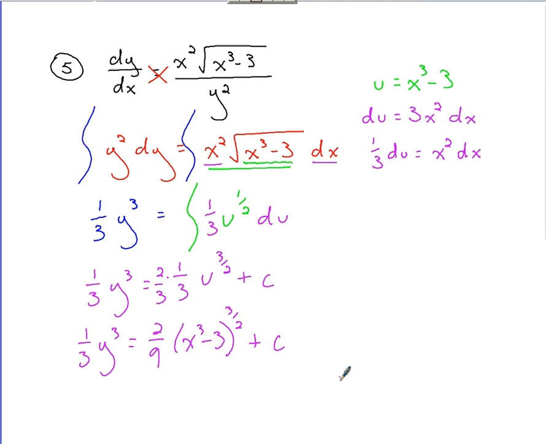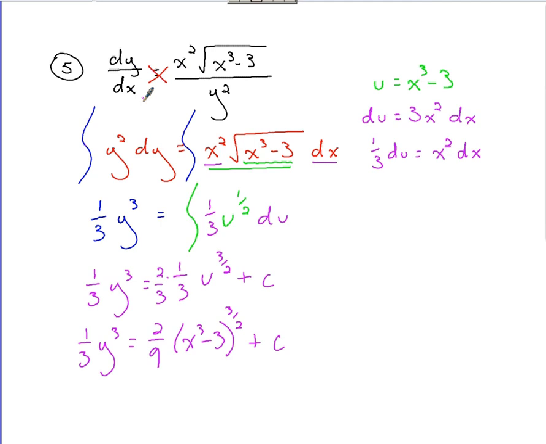Now at this point, acceptable answer. Like I said on the last one, the idea is if I took the derivative of this using the implicit technique, at some point solving for dy dx, I'd end up back up here. But oftentimes you might see fractions being cleared out, so you could multiply, say, everything here. Since we've got a 3 and a 9, you could multiply everything by 9.